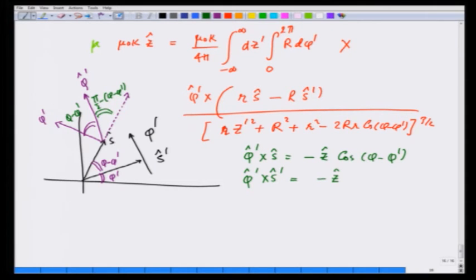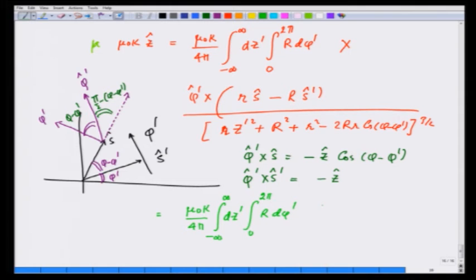And therefore, the right hand side in the above becomes equal to mu 0 k over 4 pi integral minus infinity to infinity dz prime, 0 to 2 pi R d phi prime.